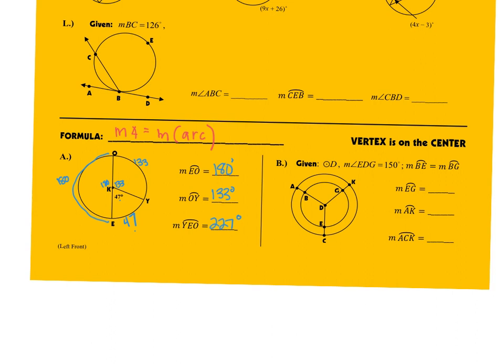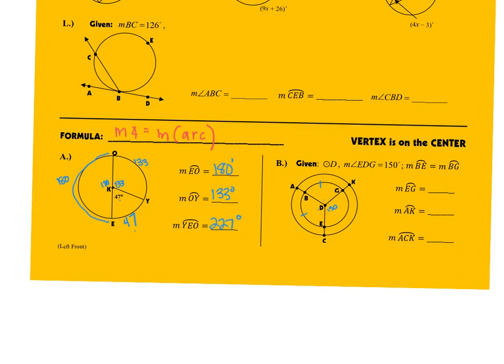If we look over here at problem B, it tells us the measure of angle EDG is 150. So we're told that this is 150 right here. And it also tells us that the measure of arc BE is equal to the measure of arc BG. So we know that this is equal to that. Now, what we know is that if those are equal, then these central angles must be equal.